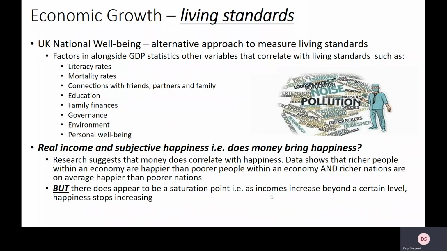Now, one big problem we've got with all this, though, is that happiness or living standards is very personal, it's very subjective. There is that saying, does money bring happiness? So will an increase in GDP lead to better happiness and living standards across the economy? Now, all the research produced so far does suggest that when economies grow, there is improved happiness.